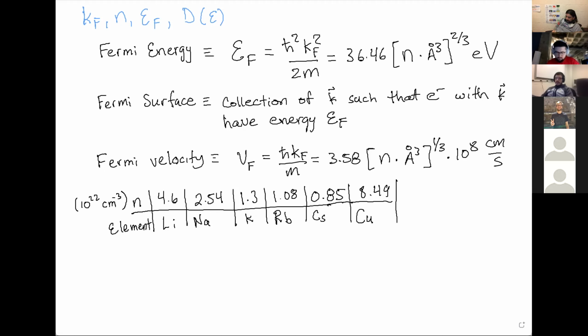But you can see how fast they're moving based on this density right here. For example, gold may have a similar electron density as copper, but it's a better conductor for other reasons. Yeah, it's in the same range as copper. I believe it's around 5 or 5 point something, and it's just denser than copper, right? Because copper is way lighter, so it would go copper, silver, and gold.